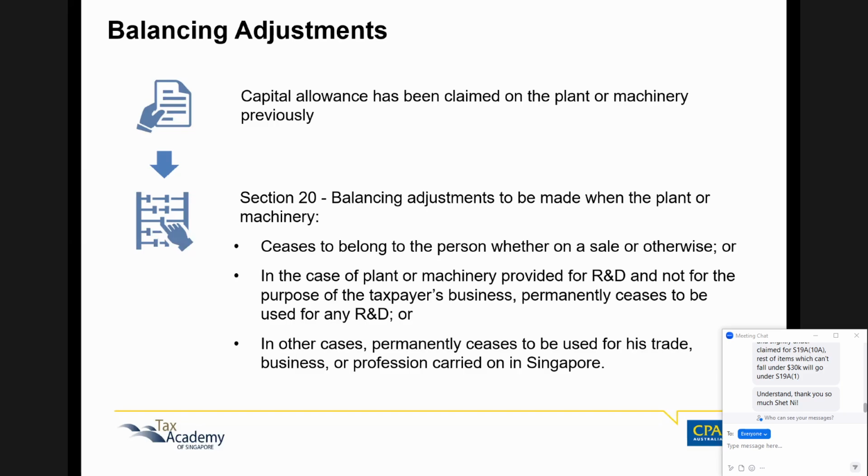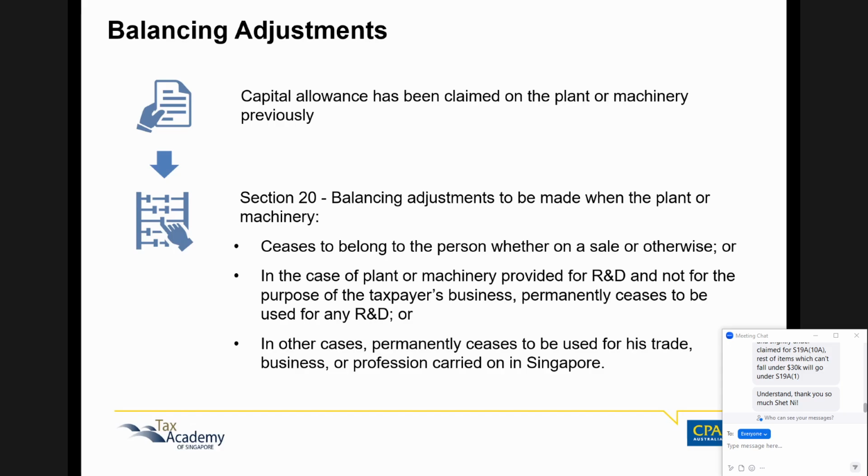When the plant or machinery has been sold off, or in the case of plant and machinery provided for R&D, not for the purpose of taxpayers' business, ceases to be used for R&D, or the trade has ceased, then we need to compute balancing adjustments, because we have allowed capital allowance on that plant and machinery previously.